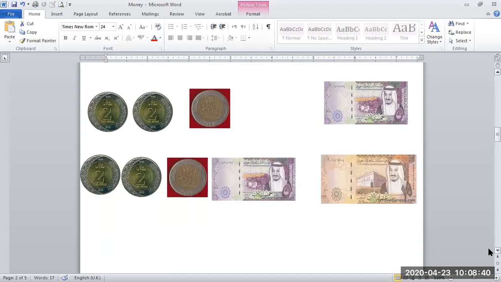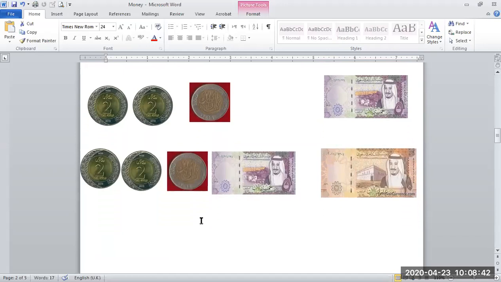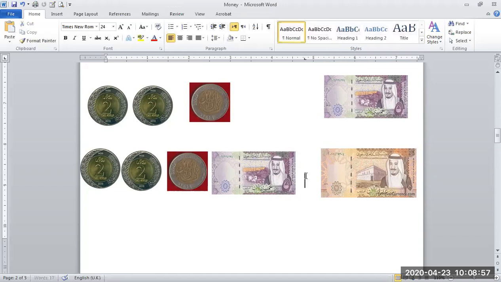Next money is 10 riyal. Now for example, 2 riyal plus 2 riyal, 4, plus another 1 makes 5, and then 5 plus 5 is 10, this is equal to 10 riyal. Here if you want to write equal, you can, no problem.